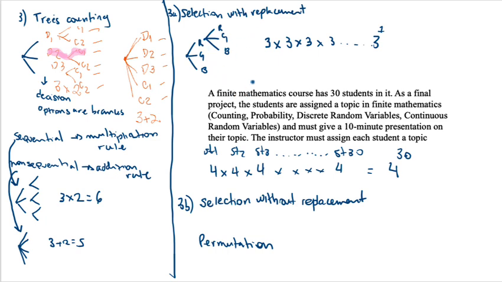Selection with replacement is like this: let's say you have a bucket with red, green, and blue balls, and 7 people coming in and choosing a ball, choosing a color. The first person takes a blue ball, and this is the first decision layer. So the person will have 3 options.